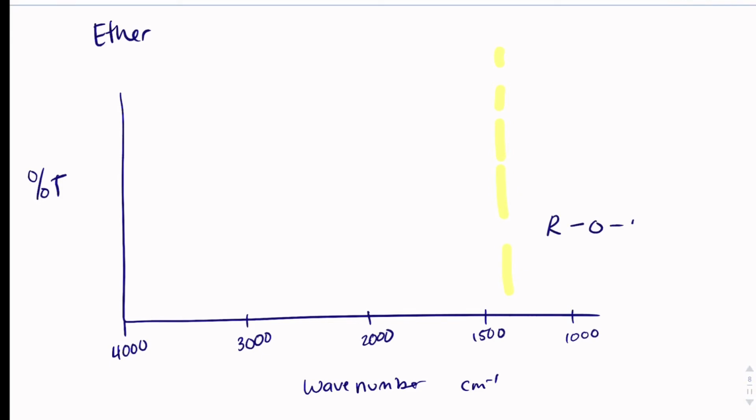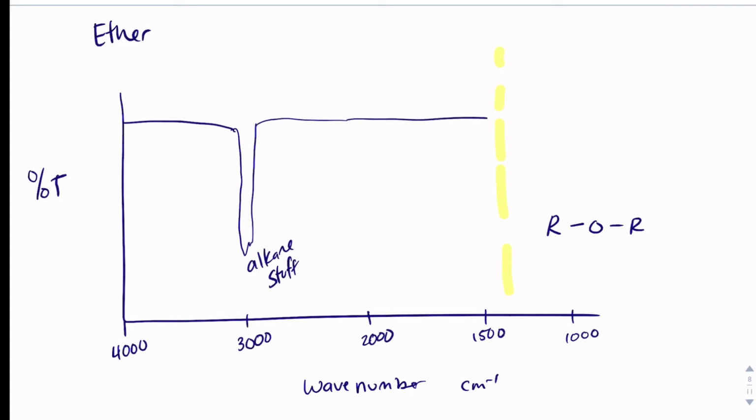We have ROR. So we're going to get a very boring graph because we're mainly just single bonds. So we'll have alkane stuff. We'll skip over the triple bond region. We'll skip over the double bond region. We will typically see, not always, a CO single bond at around 1200 to 1300. But it's going to probably have some noise that makes it difficult to see the rest of it. Okay? Ether is very boring.